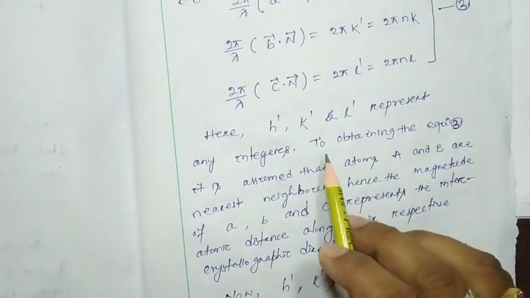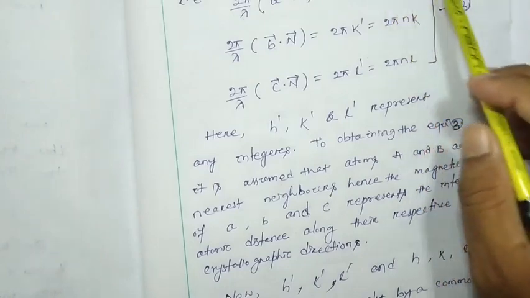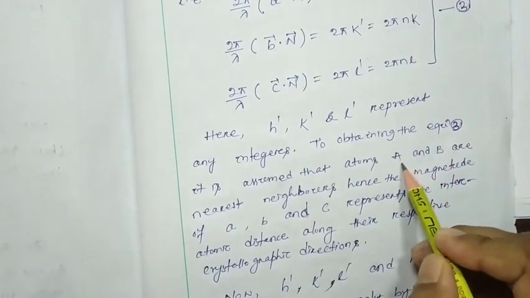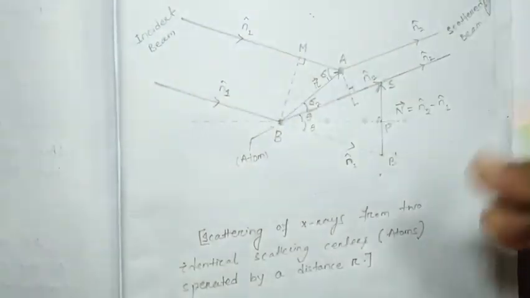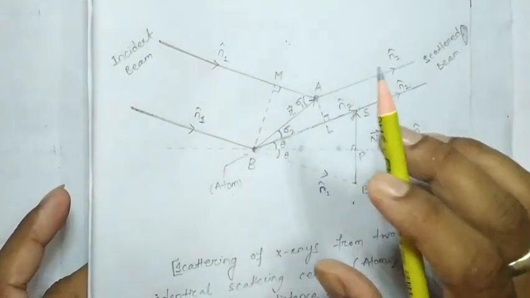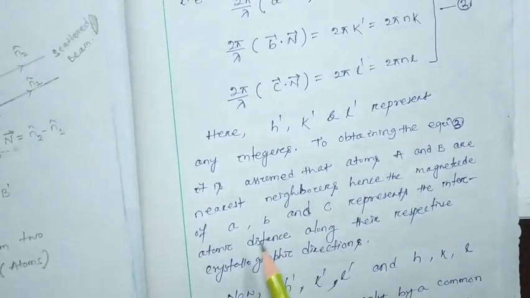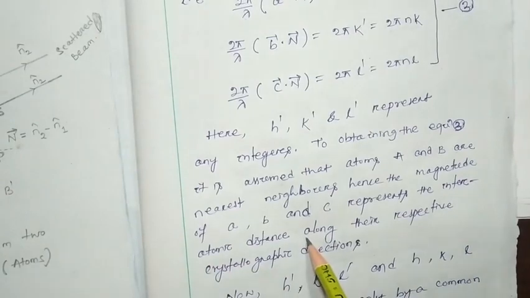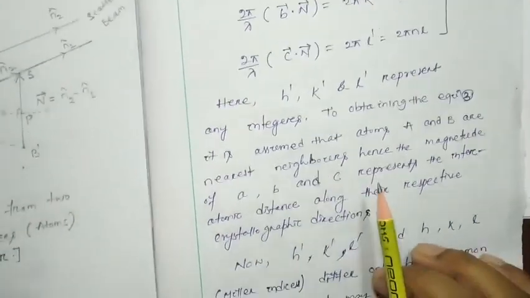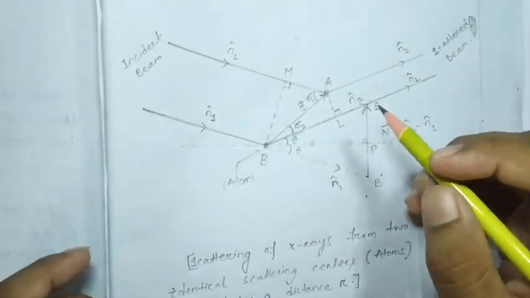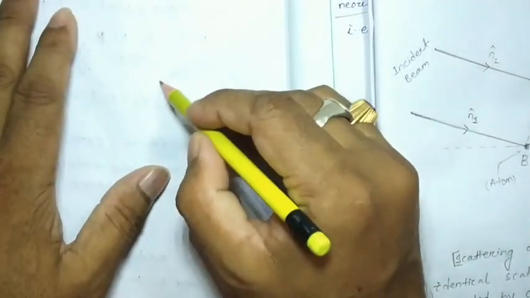To obtain equation number 3, it has been assumed that the atoms A and B are two adjacent nearest neighbor atoms. Hence the magnitudes of A, B, C represent the interatomic distance along their respective crystallographic directions. Suppose we consider a simple cubic structure.